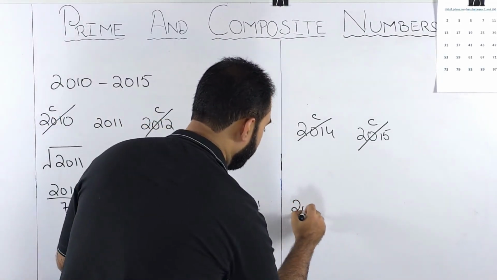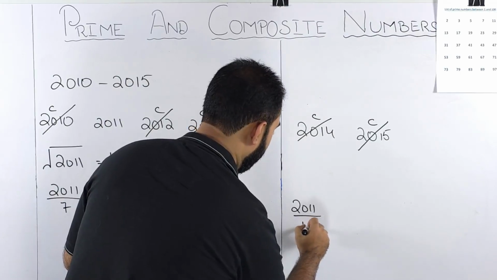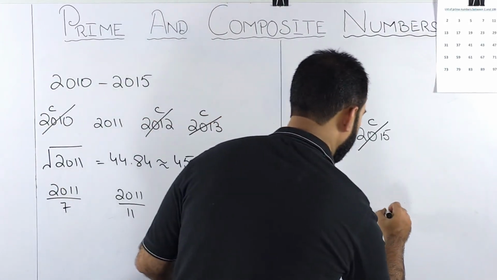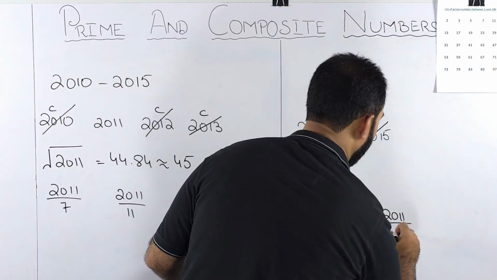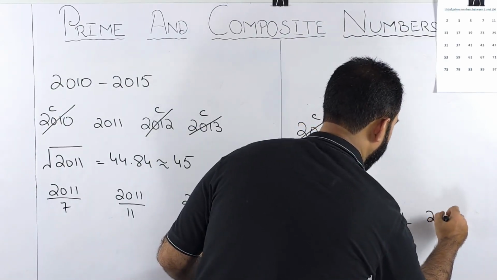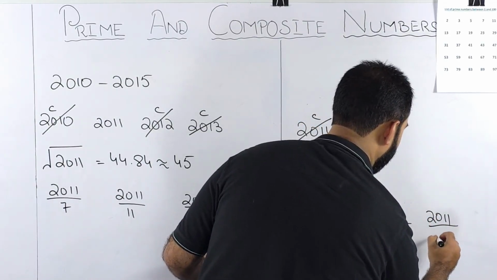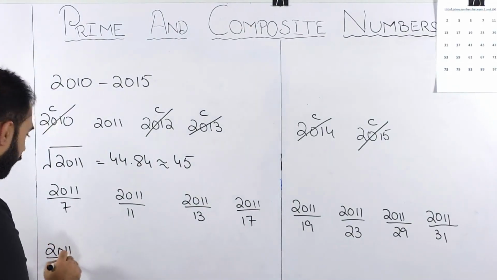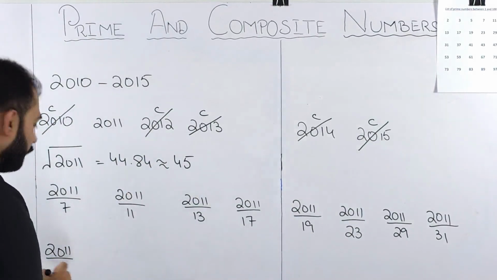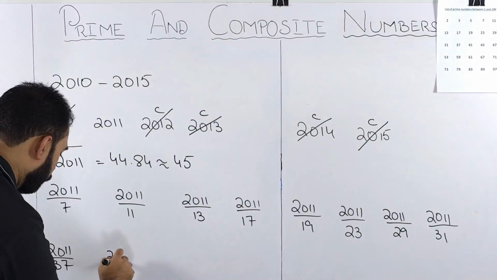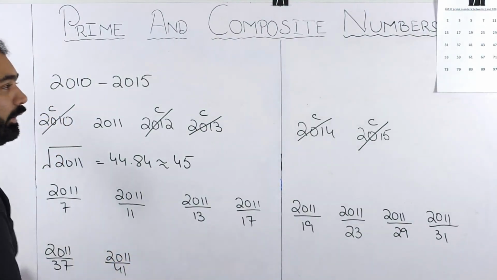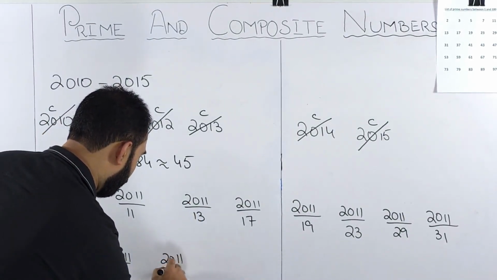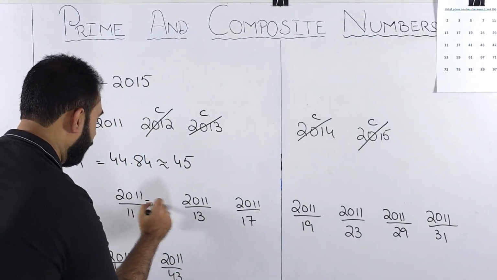And we will say 2011 divided by 19, 2011 divided by 23, 2011 divided by 29, divided by 31, 2011 divided by 37, 2011 divided by 41 and then 2011 divided by 43. Now I'll calculate each of them.